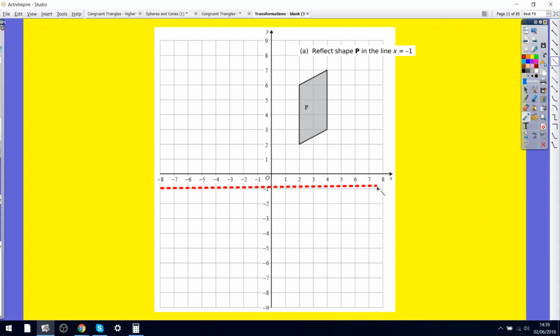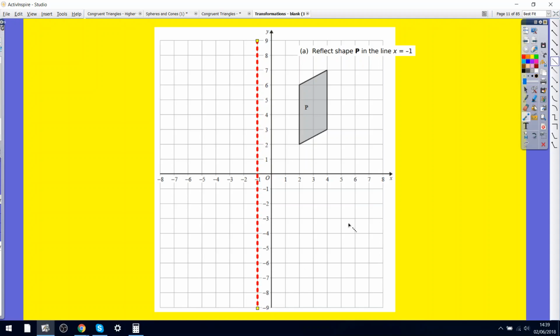Like that, is it? So that would be y equals -1, because it's going through -1 on the y-axis. They all have y coordinates of -1. So it would be like this.